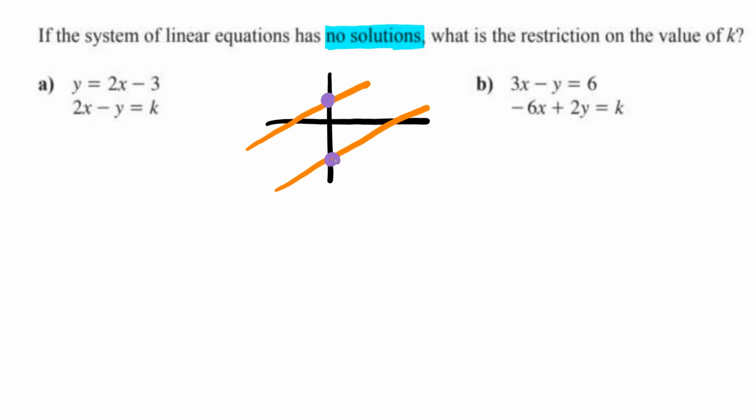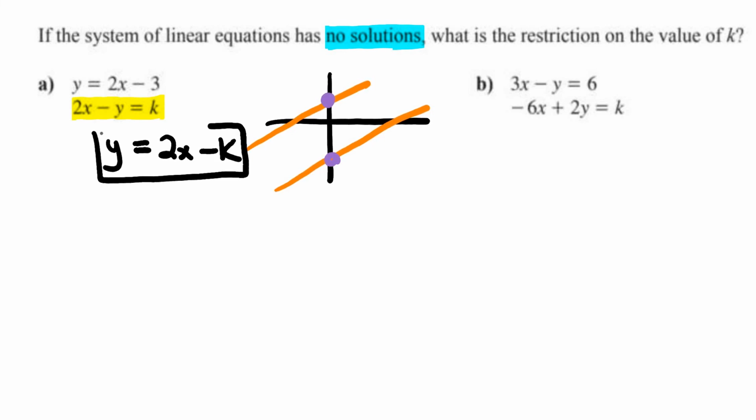If I take my second equation and write it in the form y equals mx plus b, I get y equals 2x minus k. Make sure your second equation is y equals 2x minus k.